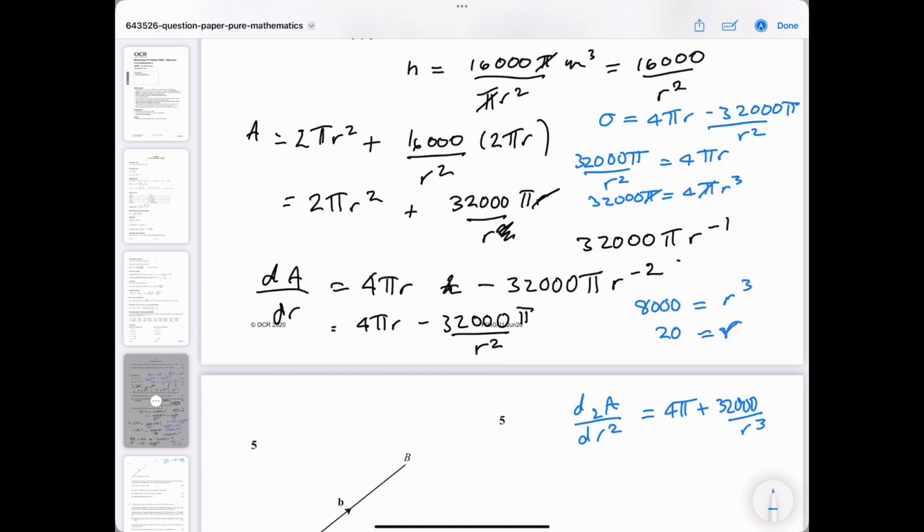And then if we were to make that greater than 0, then that sort of works, I'm assuming. So that is greater than 0. And so as a result, that is our minimum.